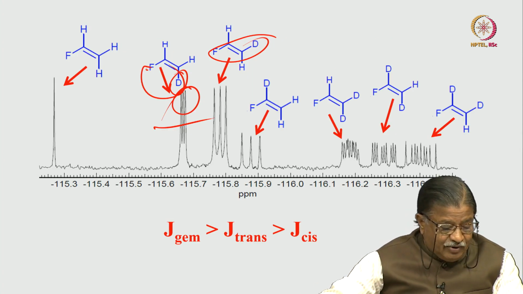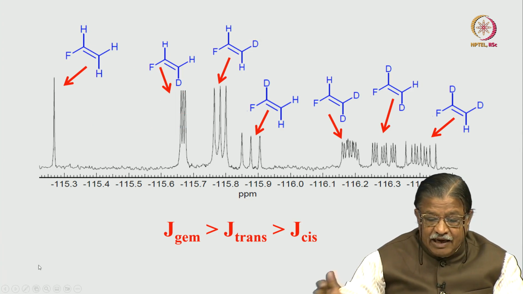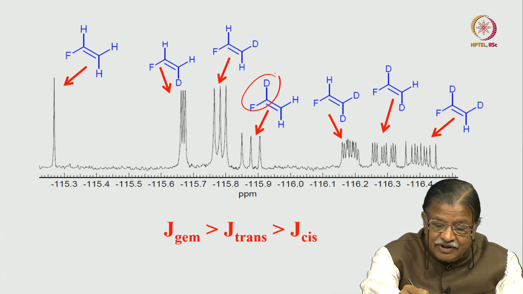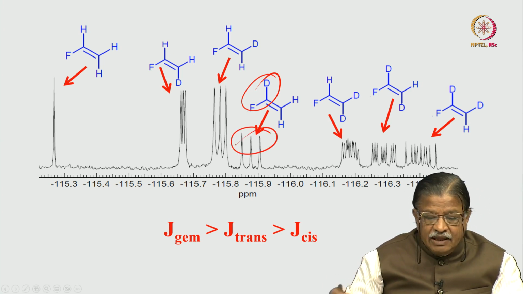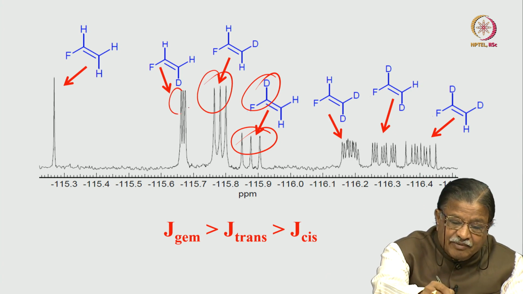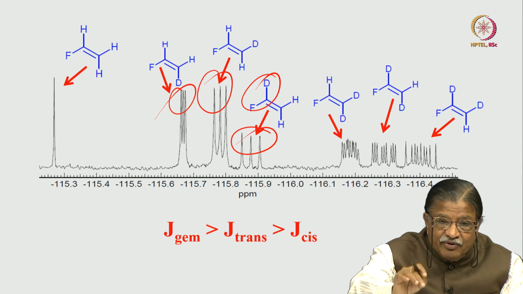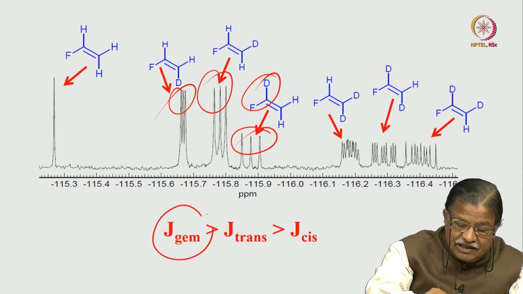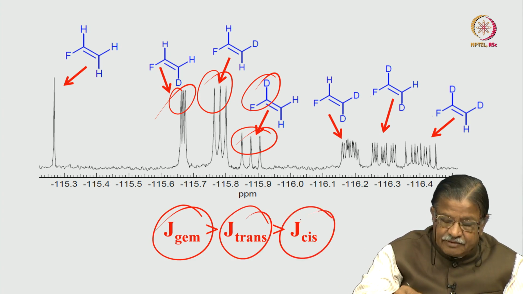And if you carefully look at it, you can understand one thing from this spectrum. Remember, when the deuterium is in the geminal position, the separation is larger. Then it comes to trans, then comes to cis. What do you understand from that? The J coupling between fluorine and deuterium is larger for geminal coupling, then trans, then cis.